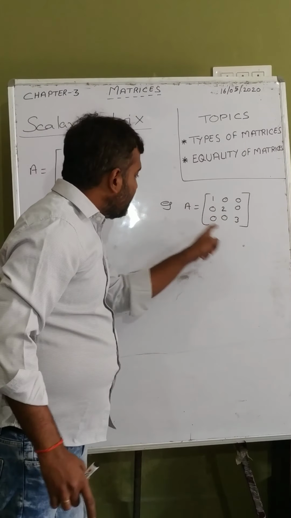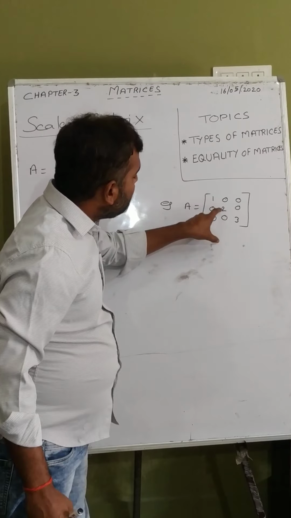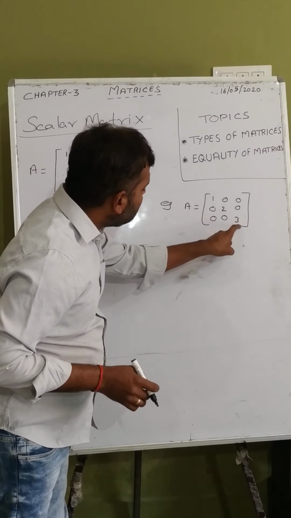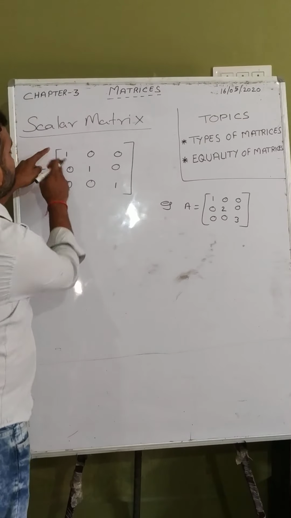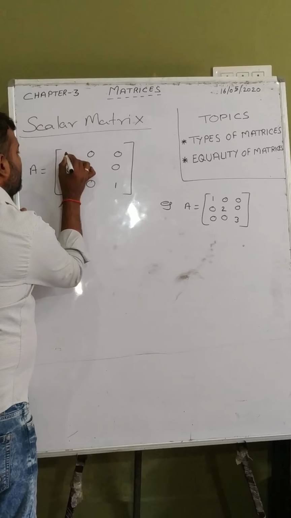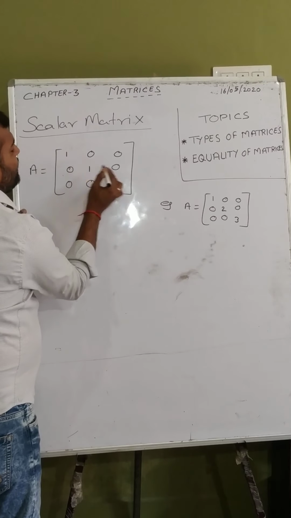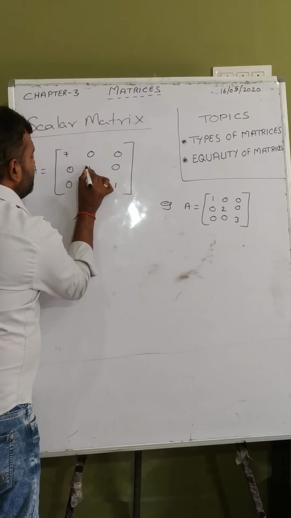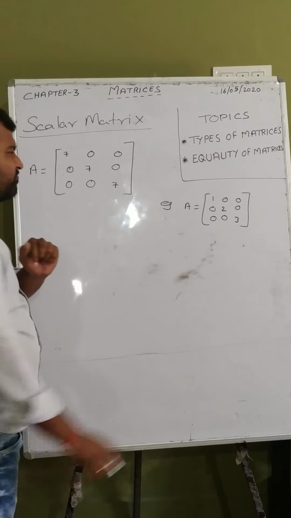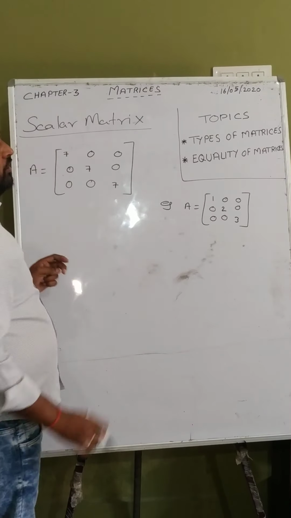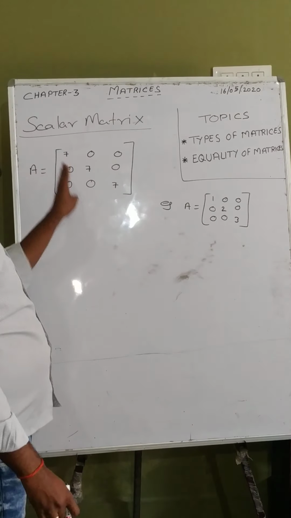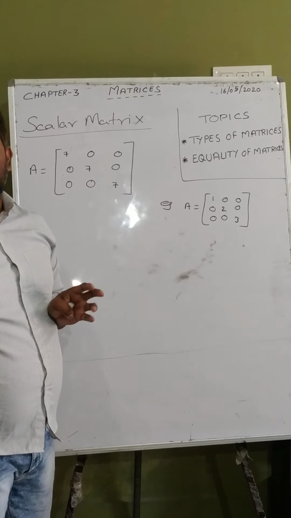So this is a diagonal matrix. Here the diagonal elements are not the same. But when these diagonal elements are the same, that can be 1, that can be 5, that can be 7. Let it be 7. Anything, but it must be the same. Let it be A. So this kind of diagonal matrix is said to be a scalar matrix.